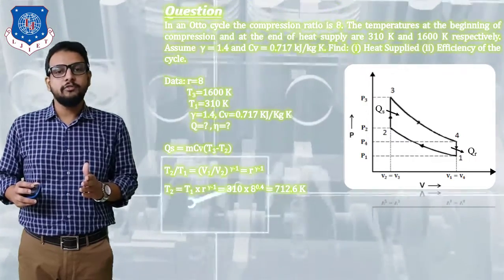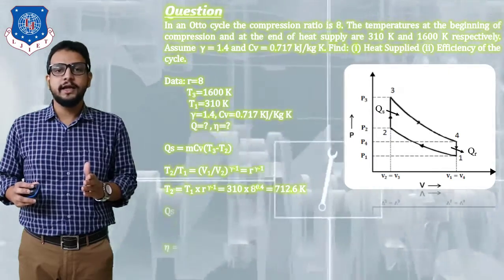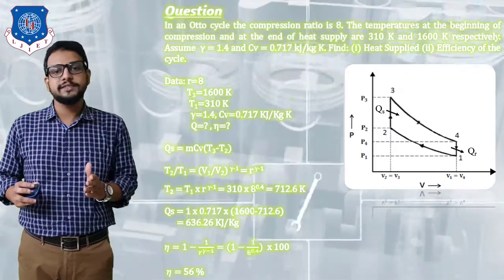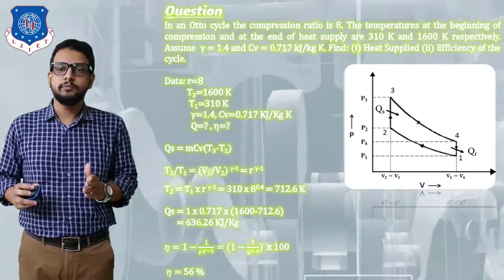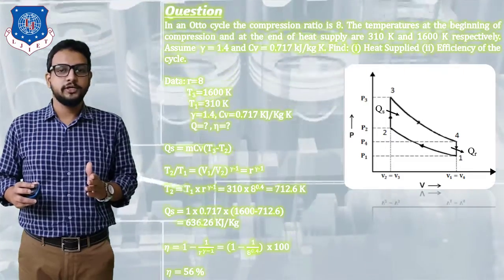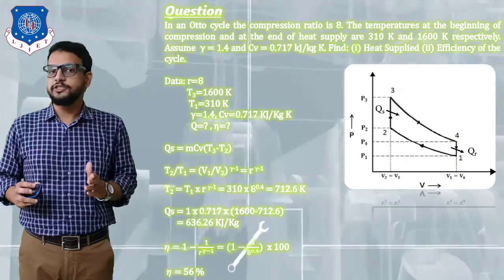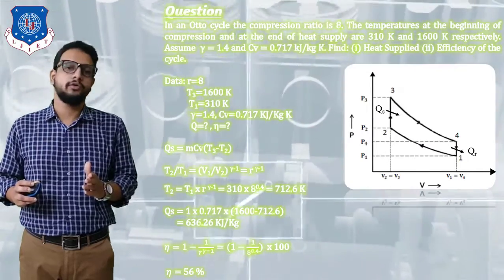So all the requirements for heat supplied have been fulfilled. Now we can directly substitute in the equation of QS, and we get QS equal to 636.26 kilojoule per kg. The equation is very simple. Next we need to determine the efficiency of the cycle. What is the formula for the efficiency of an Otto cycle?